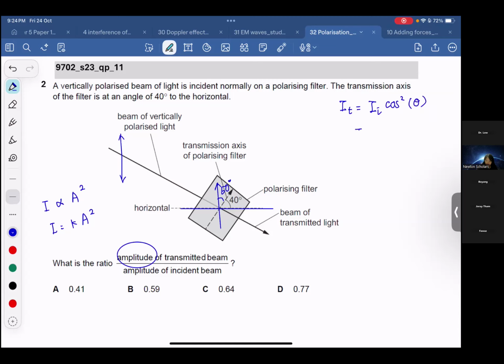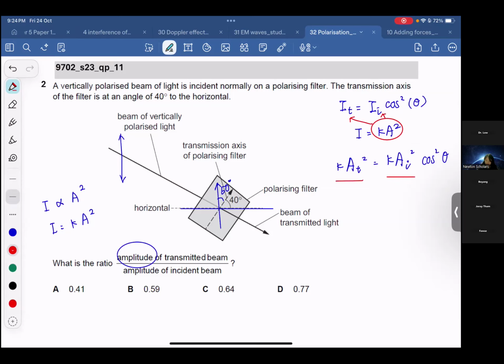Here the intensity should be K A squared. So K A transmission squared equals K A incident squared cos square delta. I just substitute this into I.